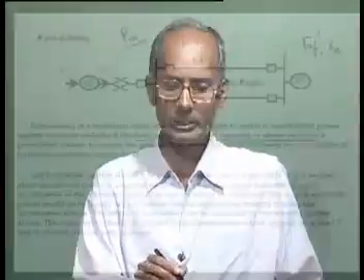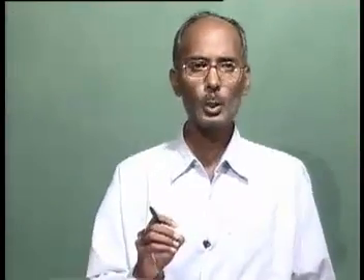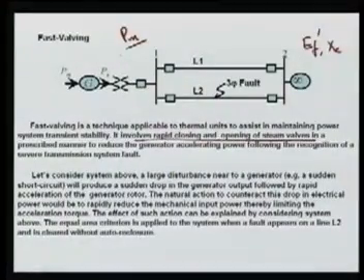Now it is on the other side, that is your PM, that we can change the mechanical output of the system during the fault and the post fault. It can basically be done by the rapid closing and opening of the steam valves in a prescribed manner to reduce the generation oscillating power following the recognition of a severe transmission line fault.